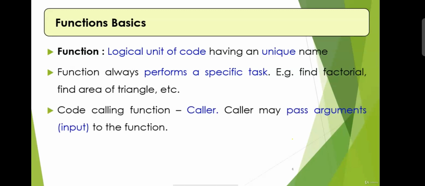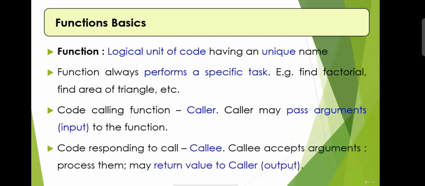When we are using a function, there is code which is calling the function. We will call it the caller. The caller may pass certain arguments to the function. These arguments are input to the function. The code responding to the call is the callee. So the callee accepts the arguments, processes them, and may return some value to the caller.